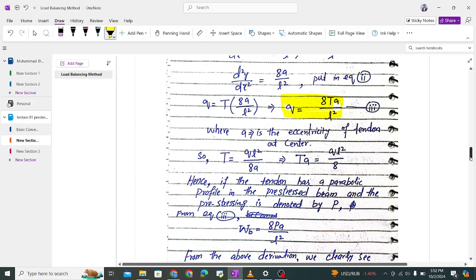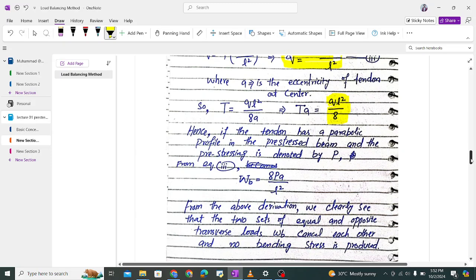So we can write Ta is equal to qL square by 8. This is actually the balancing force, or vertical force, which is balancing the external gravity loads.